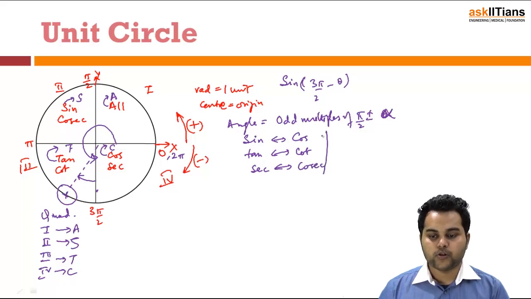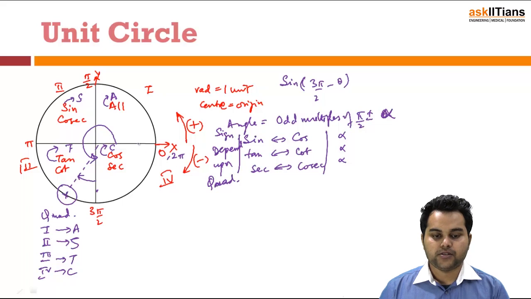So this was about trigonometric ratios. The angle would be just alpha in all the 3 cases. If I talk in terms of the sign, whether it's positive or negative, that will depend upon the quadrant. That's why I have mentioned in which quadrant, which trigonometric ratios are positive.